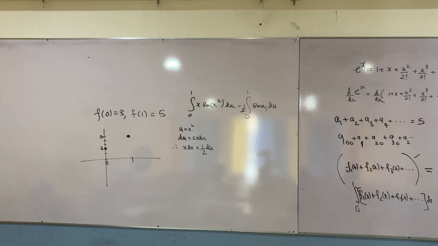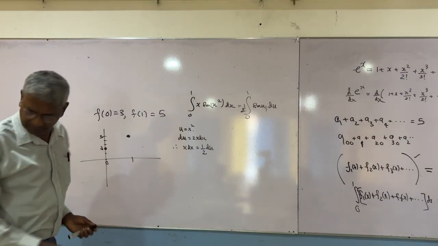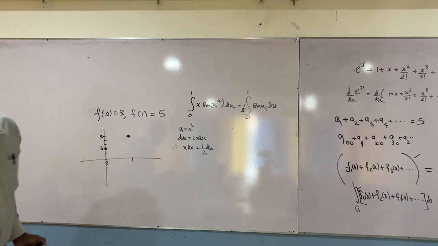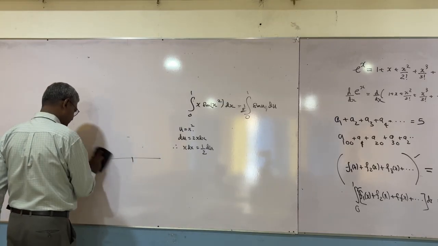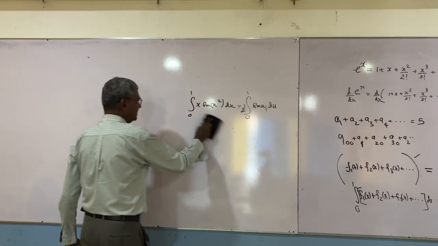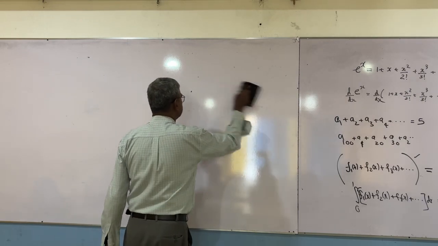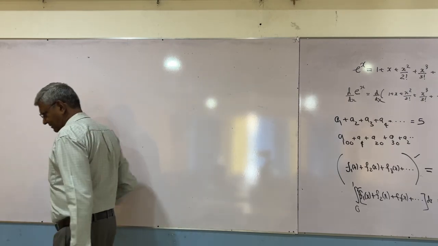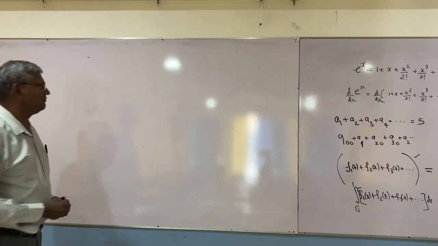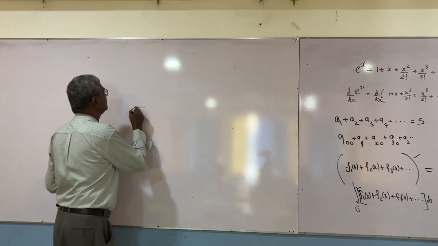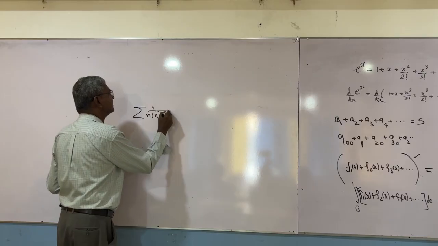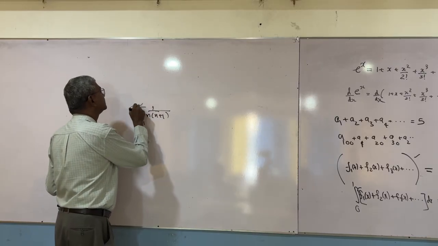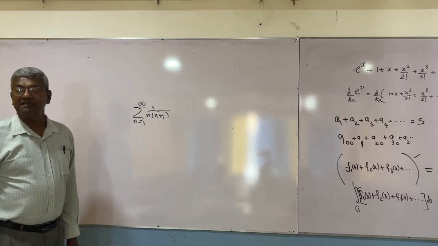For instance, you have the series sigma 1 over n times n plus 1. You are given this and you are asked, does it converge?